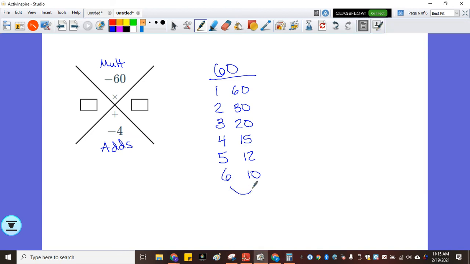And we already have 10 up there, so we can stop. Because then the next factor is 12, 15, 20. So those are all your factors.